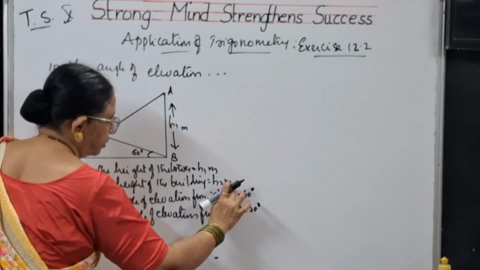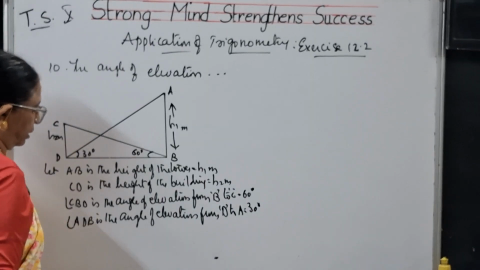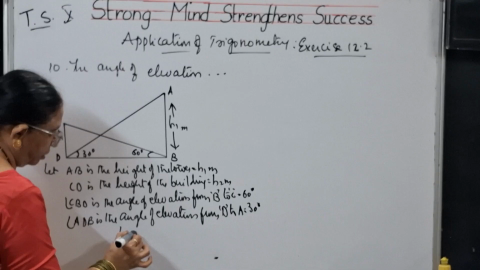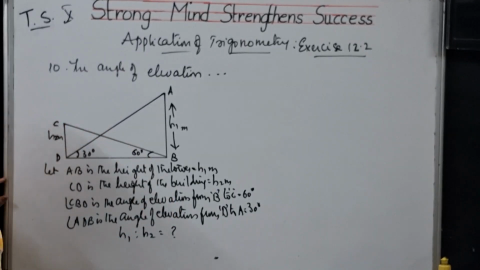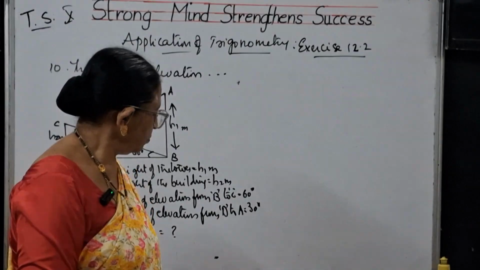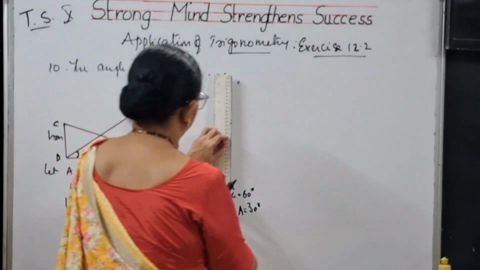This is clear, children. Okay, now 30 degrees. Now the question is, H1 is to H2 is equal to how much? This is the question. So let us take the triangles and find out what is H1 and what is H2. Let us see the ratio.